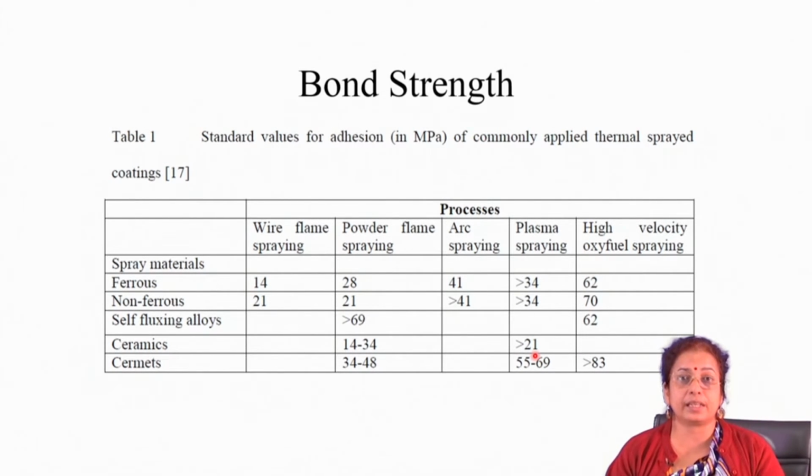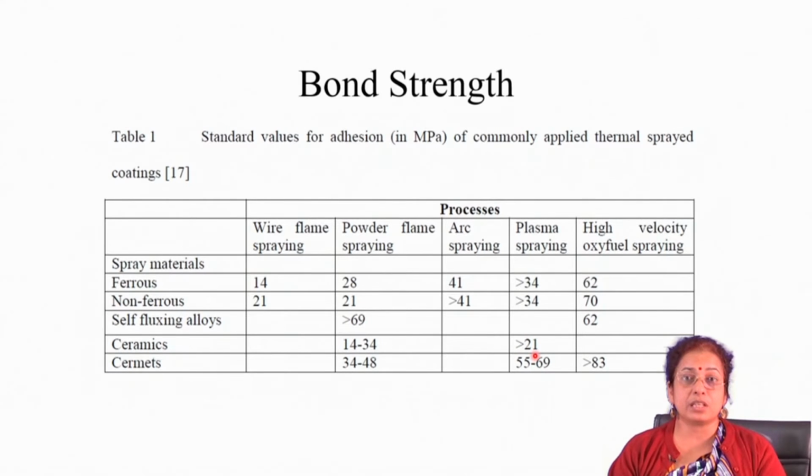Another interesting thing is that you get maximum bond strength when you use high velocity oxyfuel spraying as the coating technique. There the maximum bond strength can be as high as 80, 90 MPa.